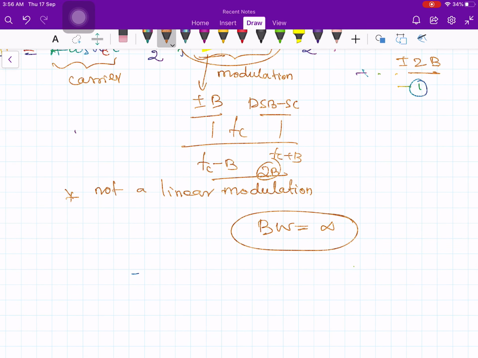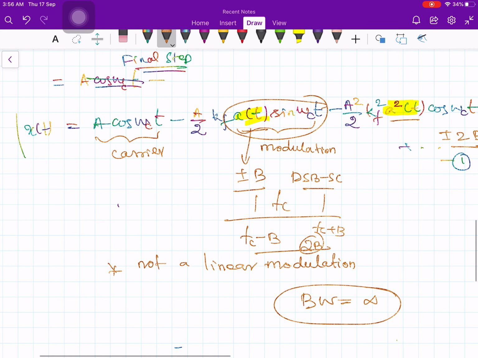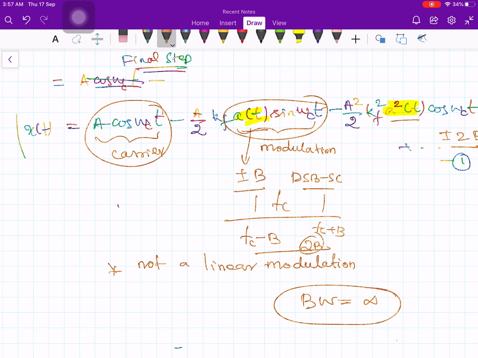So the spectrum contains various components. There is a component due to unmodulated carrier, that is the first term, that is nothing but carrier term. So the spectra of a of t and a square of t are translated around the carrier, that is translated to fc, to the upper sideband as well as to the lower sideband.